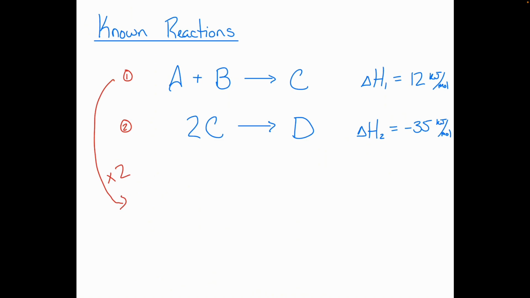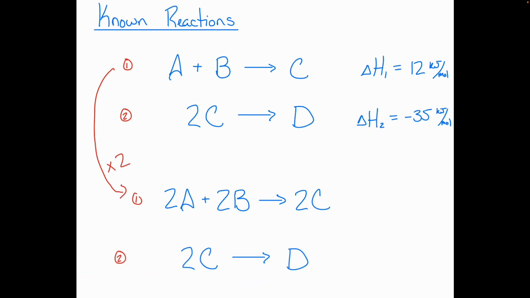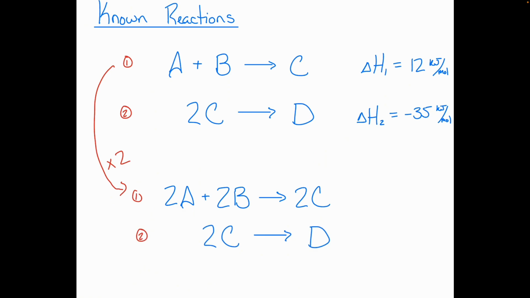This gives me now for that first reaction 2A plus 2B gives me 2C. All right, so then if I take my second reaction here and add that in there, everybody take a second to simplify here. Let's add these two up.